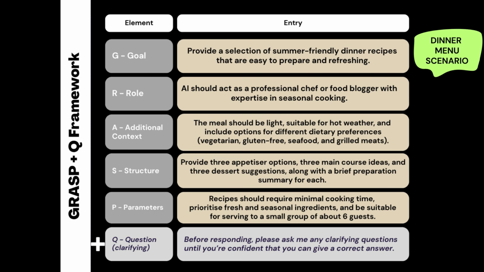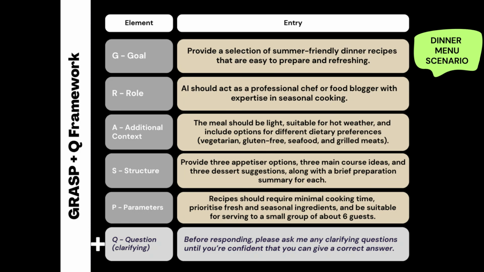For additional context, the meal should be light, suitable for hot weather, and include options for different dietary preferences, for example vegetarian, gluten-free, seafood, and grilled meats. For the structure, I've said provide 3 appetizer options, 3 main course ideas, and 3 dessert suggestions, along with a brief preparation summary for each.